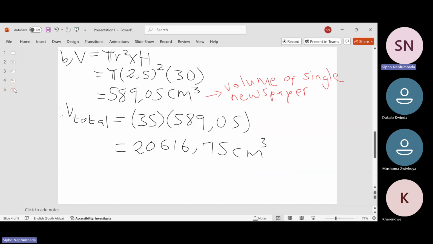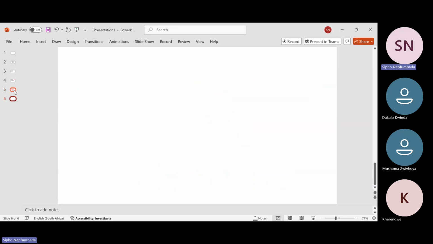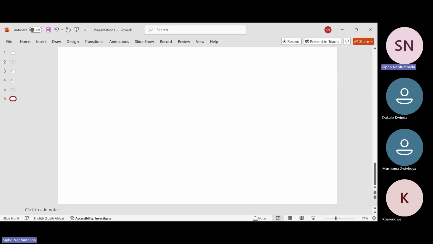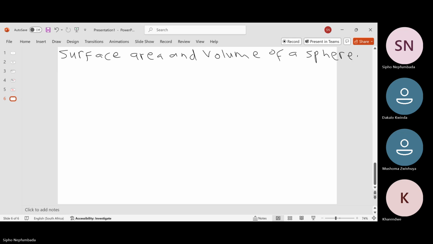We're going to talk about what we call the surface area and volume of a sphere.